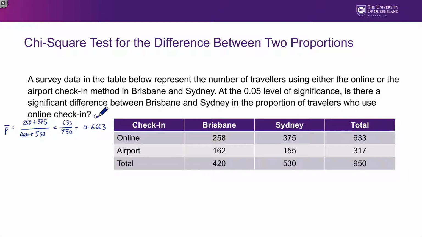That's for online check-in. And 1 minus p-bar would then be equal to 1 minus 0.6663, to give you 0.3336. This is airport check-in. And this too will give you a total of 1, where p-bar plus 1 minus p-bar.